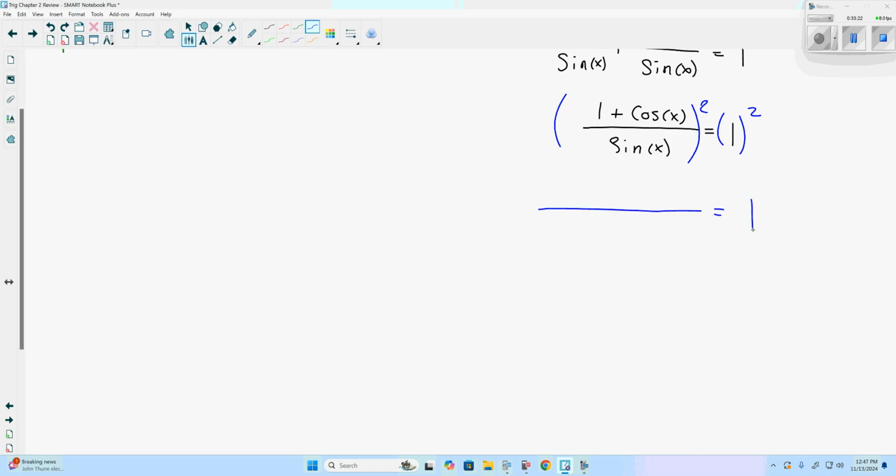And the left side would have been 1. The denominator here would have been sine squared of x. I'm going to skip some steps in between. Because if we multiplied the numerator, cosine of x plus 1 by itself, we would end up getting cosine squared plus 2 cosine of x plus 1.